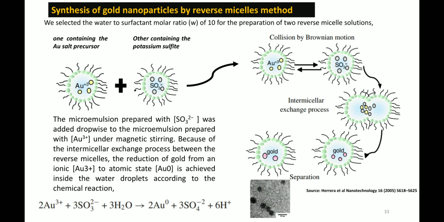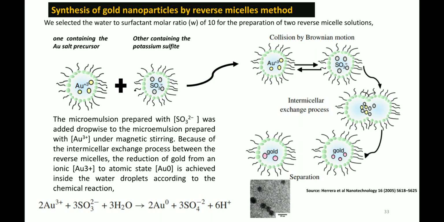As an example, let us try to understand the synthesis of gold nanoparticles by the reverse micelle method, because now you are aware of how you can synthesize something with the help of reverse micelles. Let us understand it in an actual practical example. Here you can see that we selected a water to surfactant ratio of 10 for the preparation of two reverse micelle solutions.